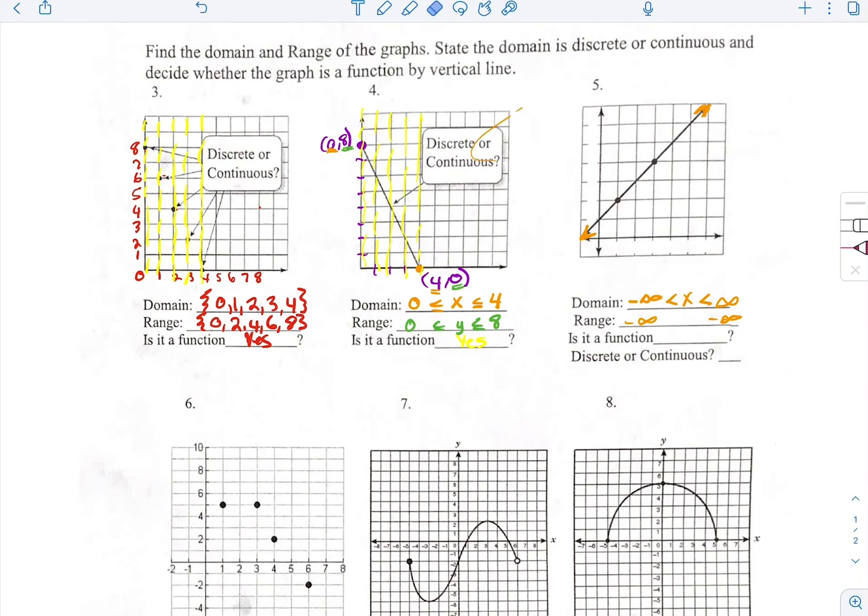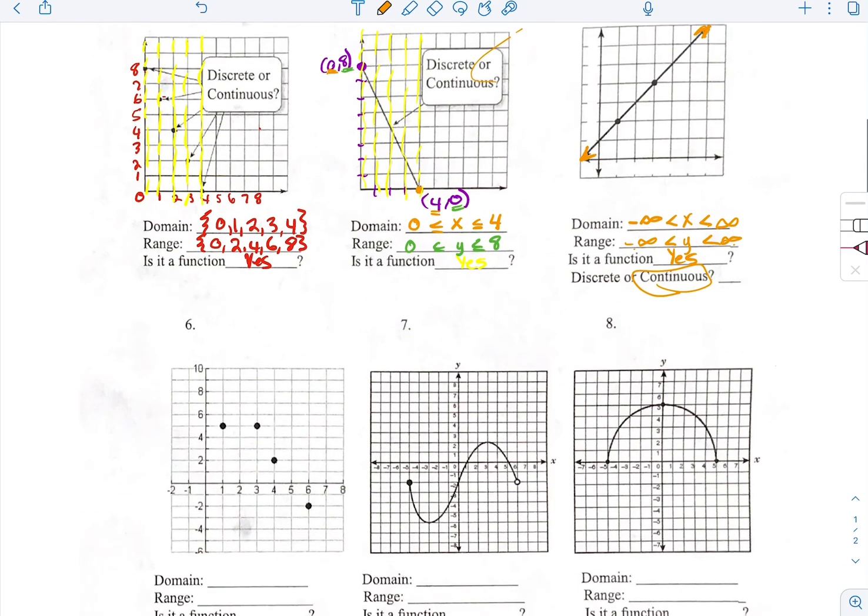And I made a mistake here, guys, and wrote negative there. Our range goes from negative infinity to positive infinity. We're going to put y since we're dealing with range, and then strictly less than. Okay? And is it a function? Yes, it is. And we already said we know we're dealing with continuous.